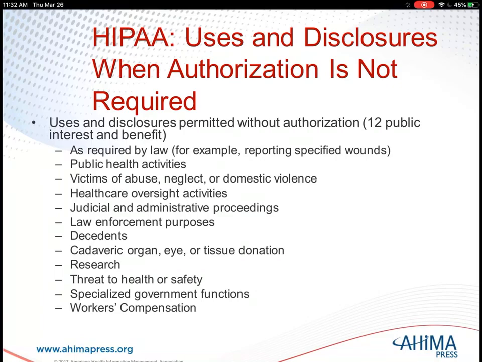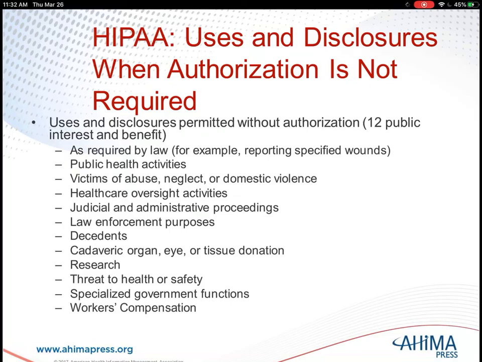C, in response to law enforcement's official request about an individual who is suspected to be a victim of a crime. Okay? And then D, a deceased individual when they suspect that death may have resulted from criminal conduct. E, to the law enforcement official when the covered entity believes in good faith that the information constitutes evidence of criminal conduct that occurred on the covered entity's property.